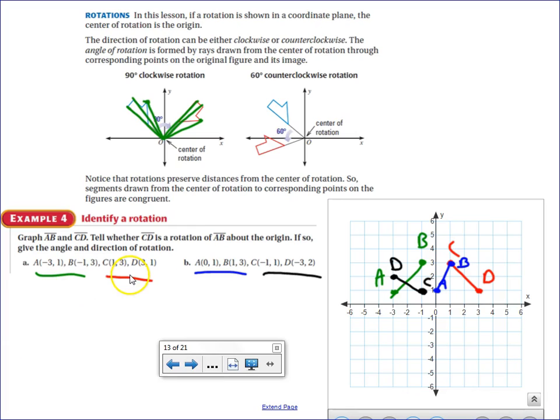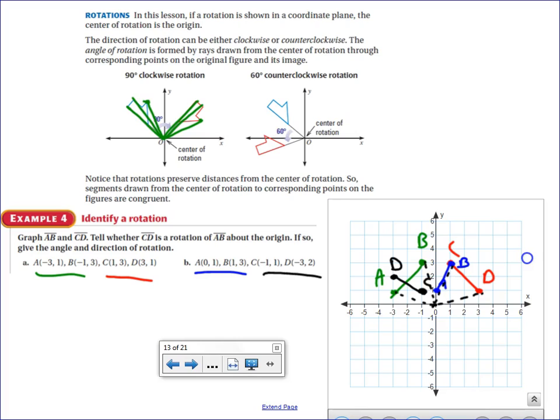So as we take a look at this first example, mark this one in green. AB is supposed to rotate over to CD. It's marked in red. So you can see the length of AB is over 2, up 2. CD is the length of down 2, over 2, so it's the same length. We can see that as it rotates, A matches up with C. Looks like it's a 90-degree angle.